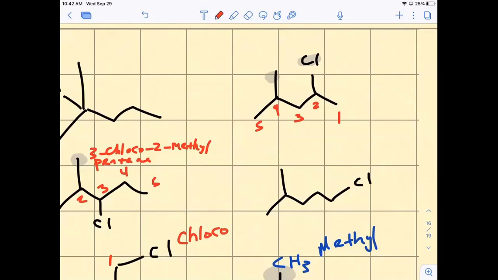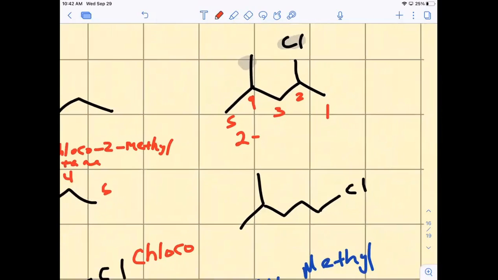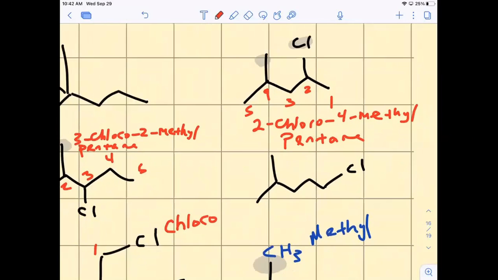So we're going to count from the end where the chlorine is because C comes before M. All right. What is the name of that compound? Is it 2 chloro, 4 methyl pentane? Yes. 2 chloro, 4 methyl pentane. Good. Excellent. What about this one?